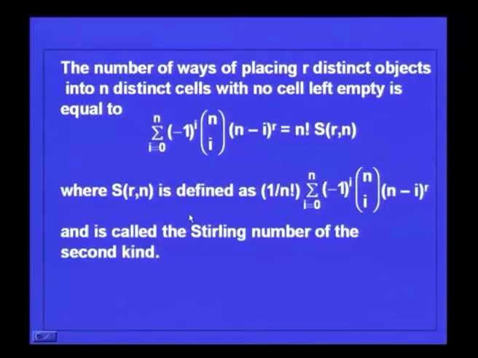We have already seen that S(r,n) is, bringing n factorial this side, 1 by n factorial sigma i equal to 0 to n minus 1 power i, nCi, (n minus i) power r.